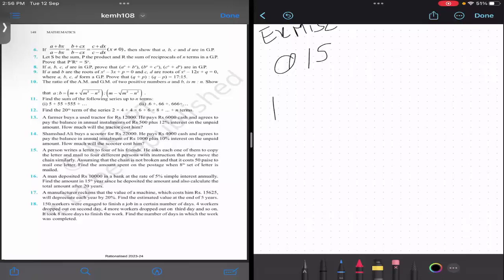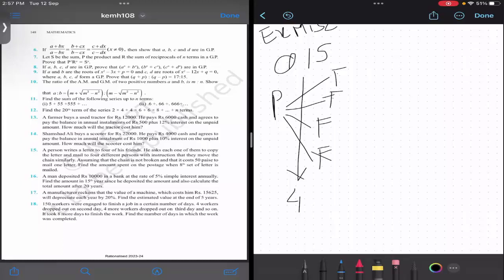So let's say the person is P, who writes a letter to 4 of his friends, right? So the first set of letters is 4. F, F, F, F. Similarly, each of these friends mails 4 letters as well.